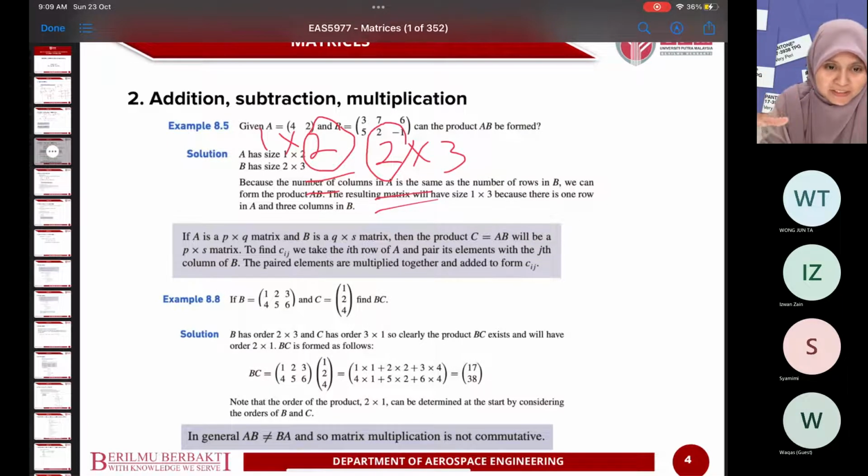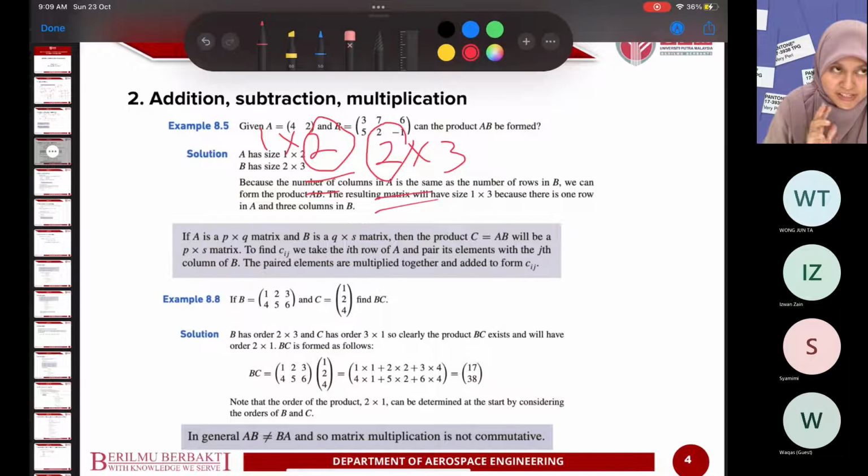Otherwise, we cannot multiply. The answer of the product BC will be 2 times 1.